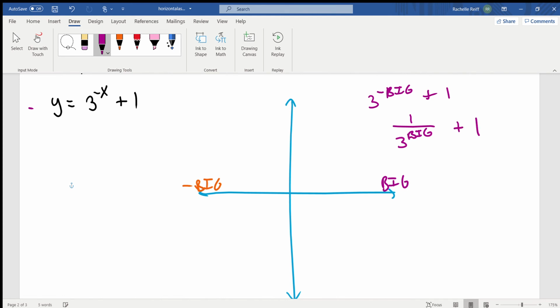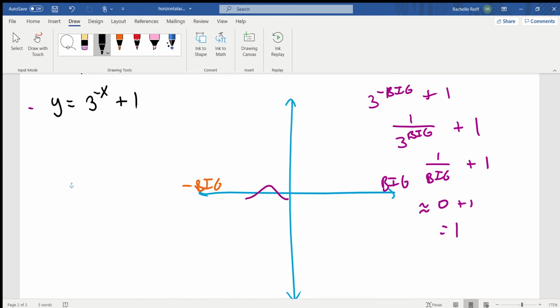And 3 to a big number is just a really big number, because 3 squared is 9, 3 cubed is 27, 3 to the 4th is 81, so 3 to a million is a really big number. Plus 1. And 1 divided by a big number is basically 0. So this is basically 1.